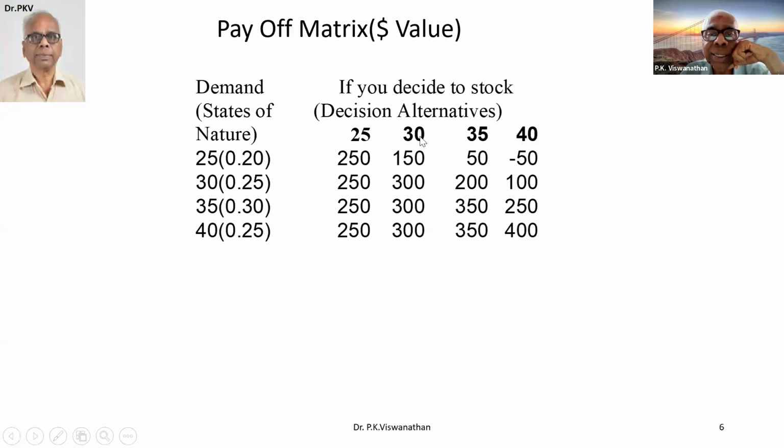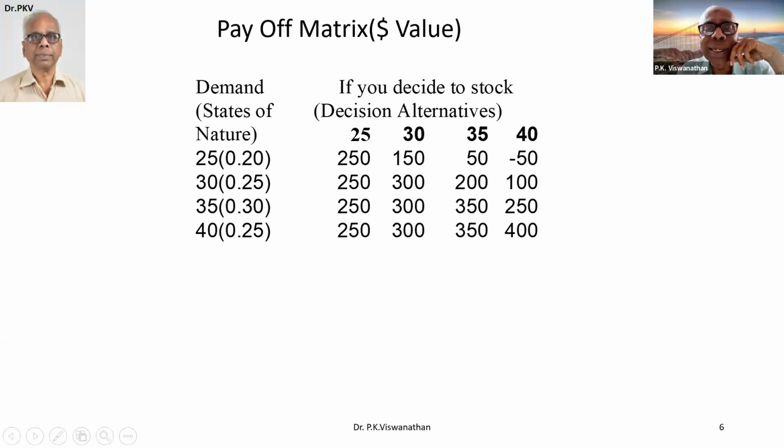Let me repeat again. 30 dozens you stock, 25 is the demand, so you sell 25, you make $250. 5 dozens, the fruit perishes, so 5 into $20 is 100. So 250 minus 100 is 150. So this is the cash flow.